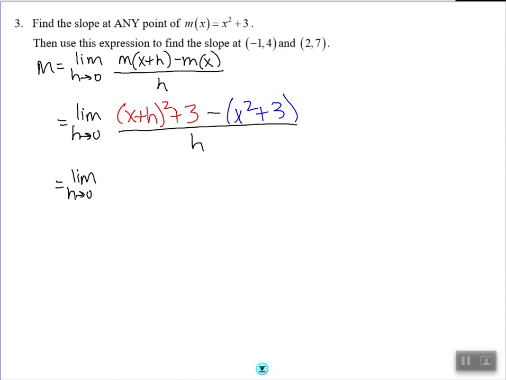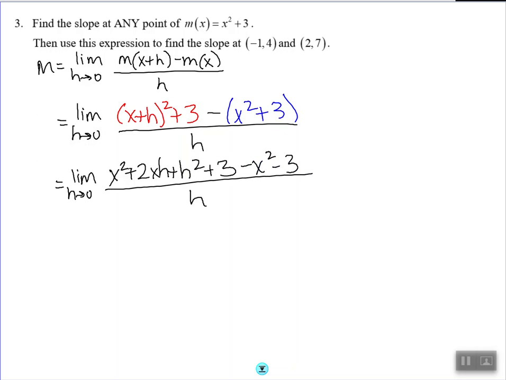If I go ahead and multiply out things in the numerator, I have x squared plus 2xh plus h squared plus 3 minus x squared minus 3, all over h. I can cancel the x squareds and the 3's. So I'm left with the limit as h approaches 0 of 2xh plus h squared over h.